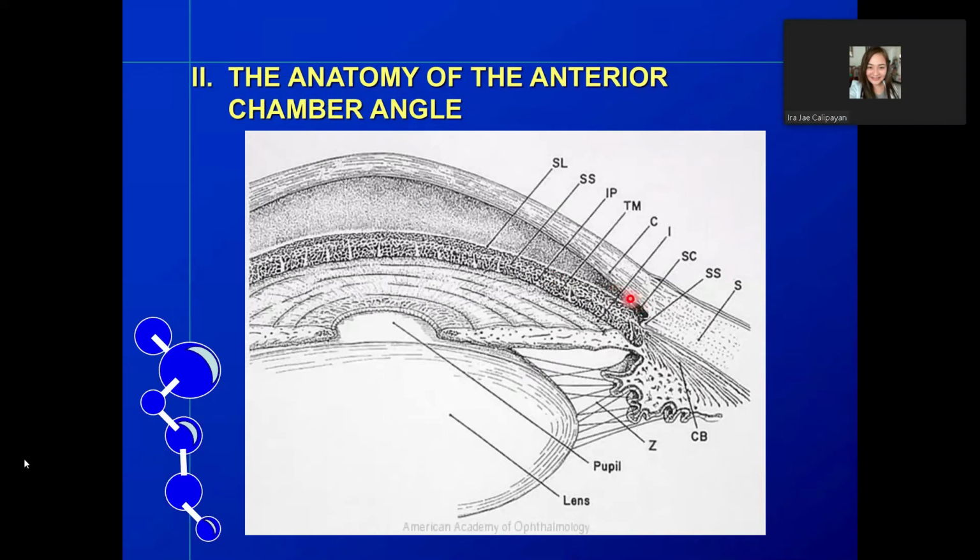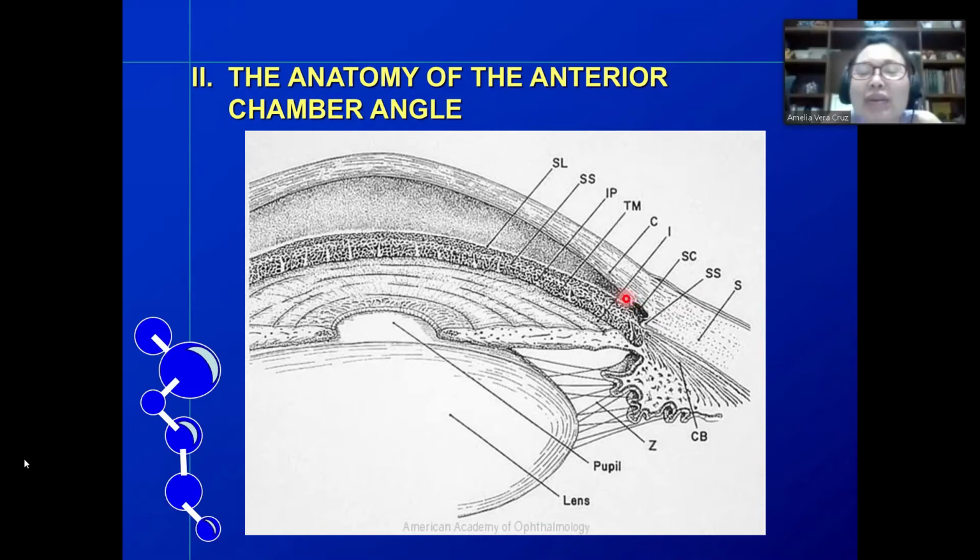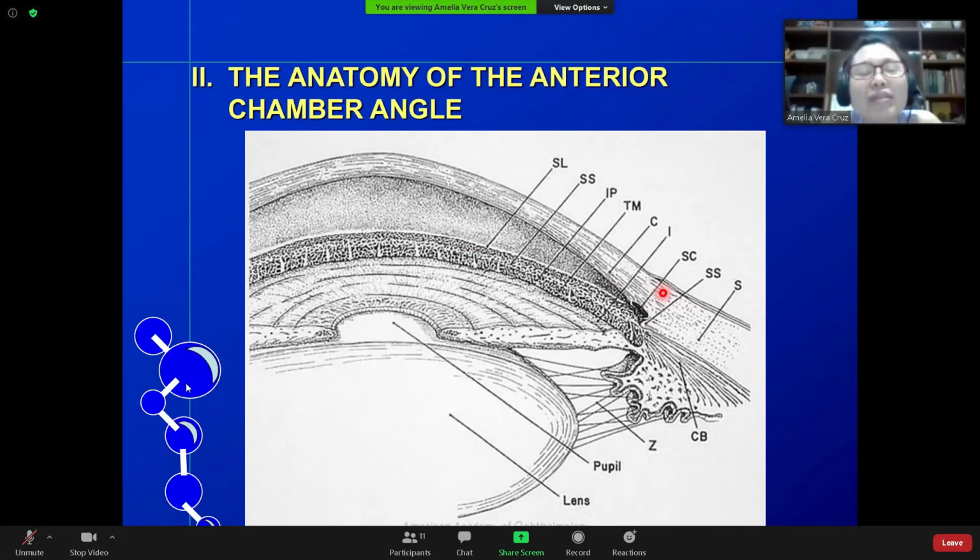The posterior surface of the cornea. So what is the part of the cornea that is protruding, that abuts into your anterior chamber angle? It is like a hump. Can you still remember that one?